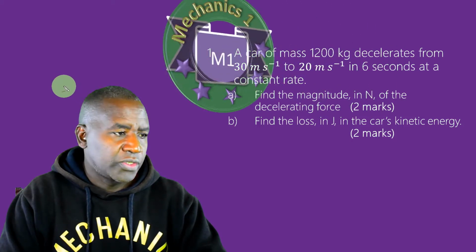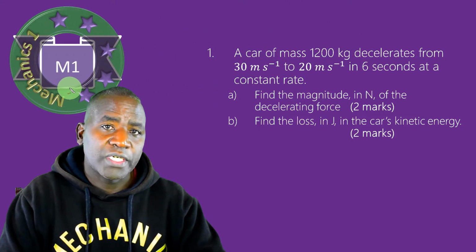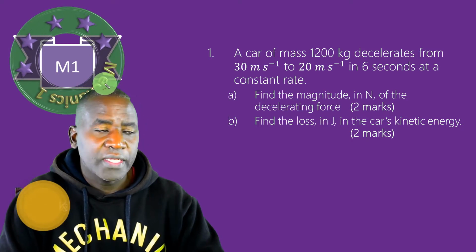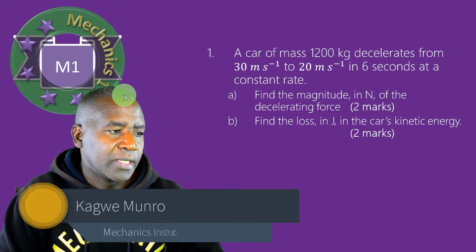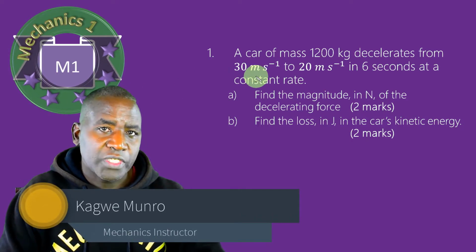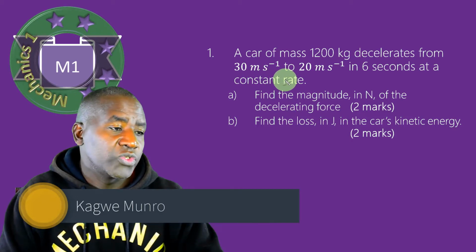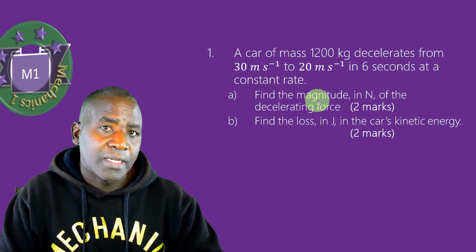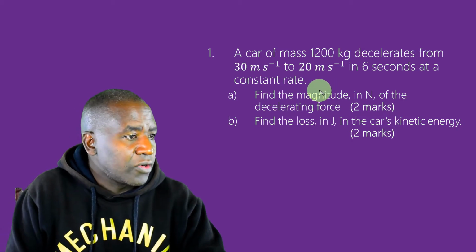Now let us look at the solution to this question, and of course we will start by reading the question together so that I can outline the various important physical quantities in the question which will help you to answer the question. And let's go right ahead.